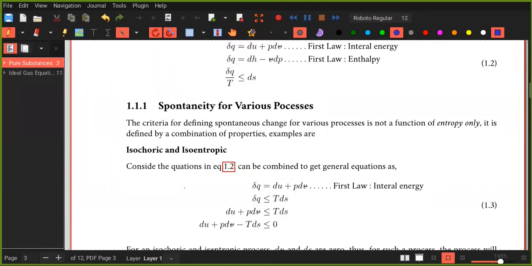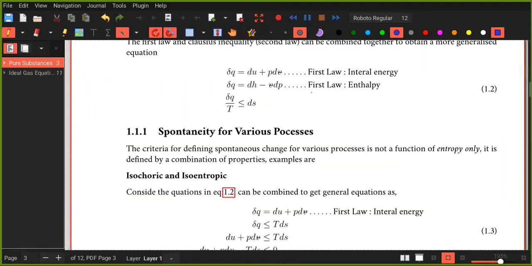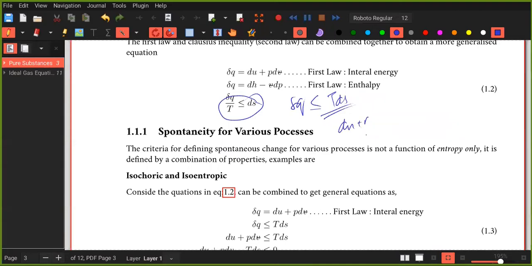First, from this we get delta Q should be less than or equal to TdS. And so we have dU plus PdV should be less than or equal to TdS.